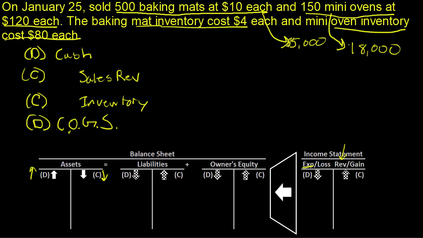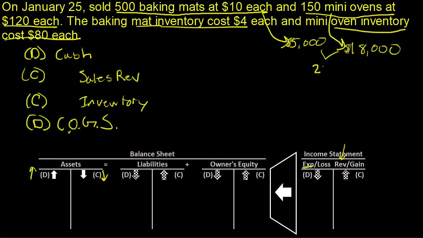All right. So those two amounts, if you take them together, the two of those together is equal to 23,000.